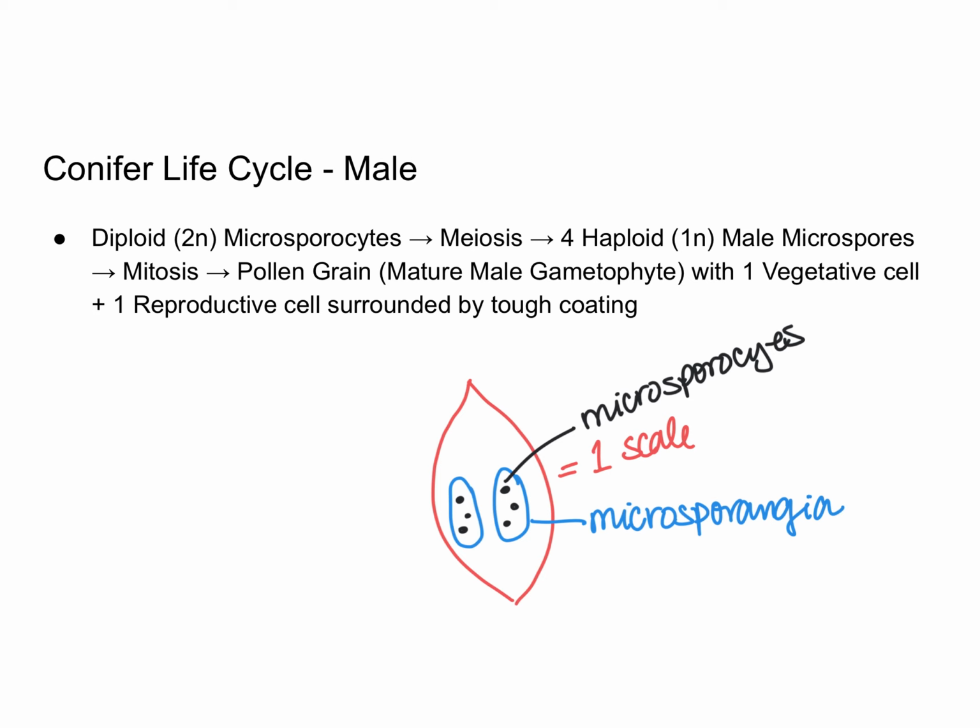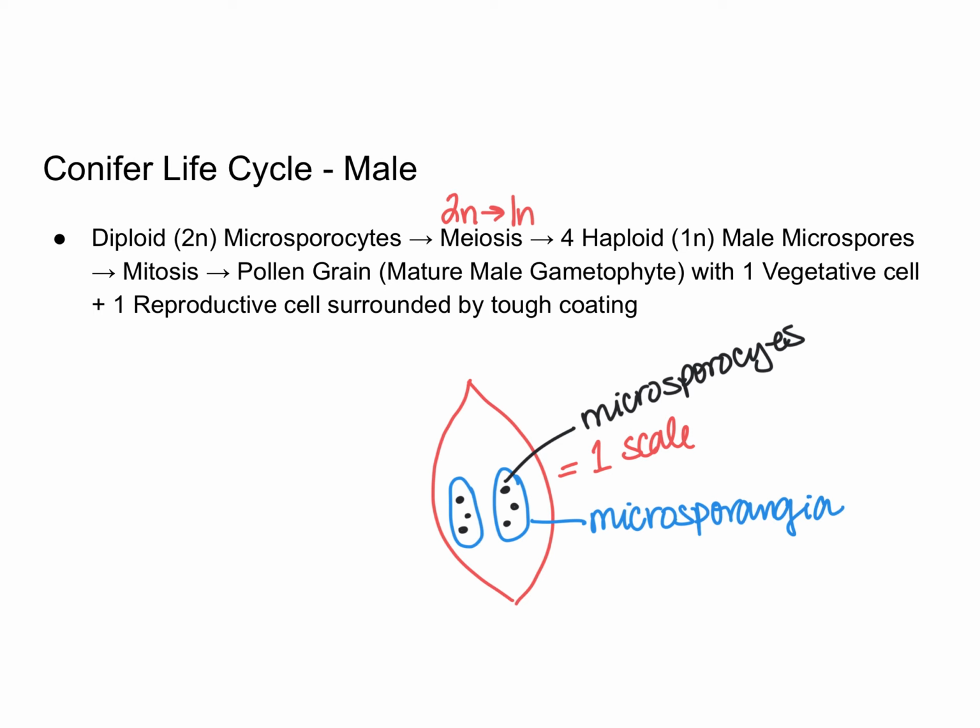And these microsporocytes are going to go through meiosis, and so they're going to go from being a diploid cell to making haploid cells. And so 4 haploid male microspores are going to be produced.